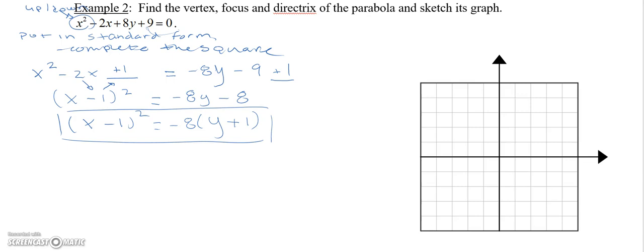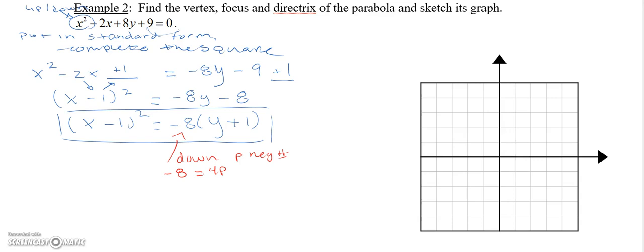From this, I can see that my p is going to be negative. So since I said it was up or down, I know it's going to be downward since my p is a negative number. And the standard form was this coefficient, -8, is where the 4p was.